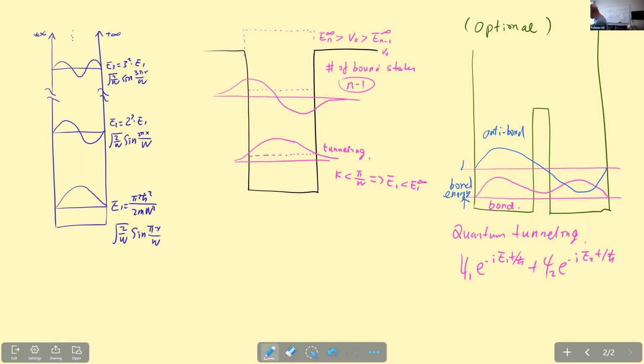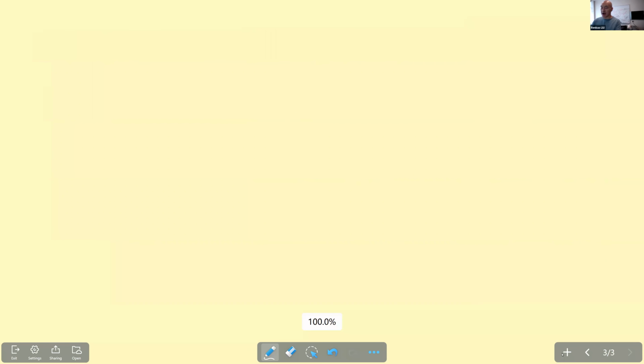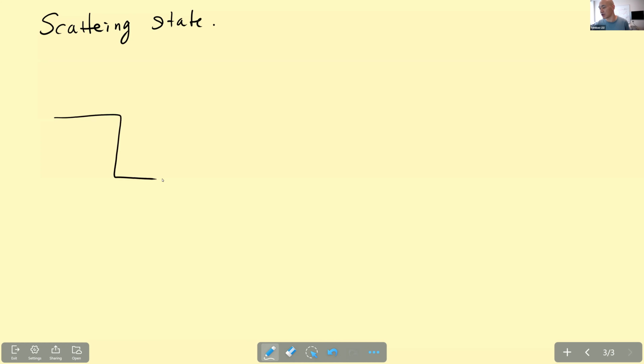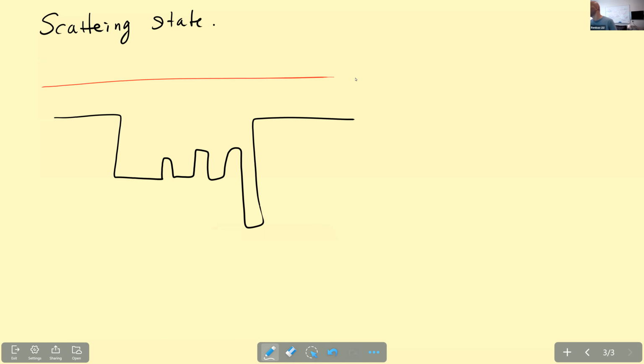Now we're going to also discuss a little bit about the scattering state. So what if the energy is above the barrier? Let's consider the case that you have energy above the barrier, something like this in general. So you ask the question, E equals to what?